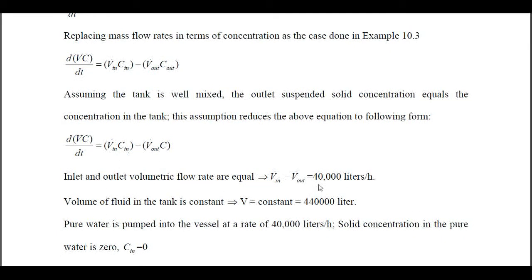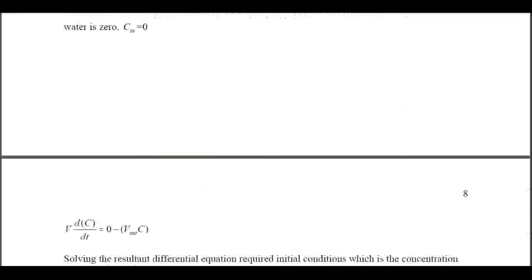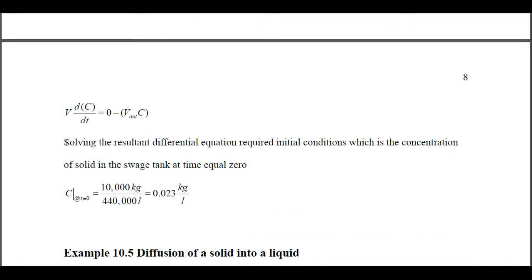Since the volume is constant, it comes out of the derivative. So we have V dC by dt equals 0 minus V out times the concentration. And this is our differential equation.